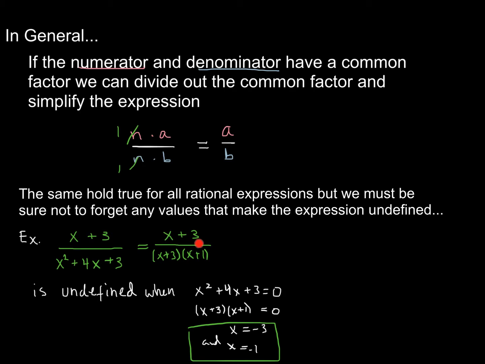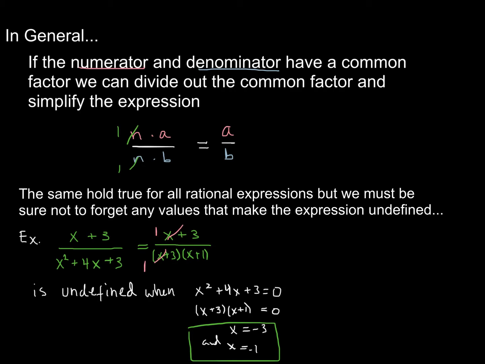And x plus 3 divided by x plus 3 is almost always going to be equal to 1. The only time it won't be equal to 1 is when it's 0 over 0, and we've already accounted for that. We know it's going to be undefined when x equals -3. So everywhere else, we can cancel this, and we can say it's going to have the value of 1.